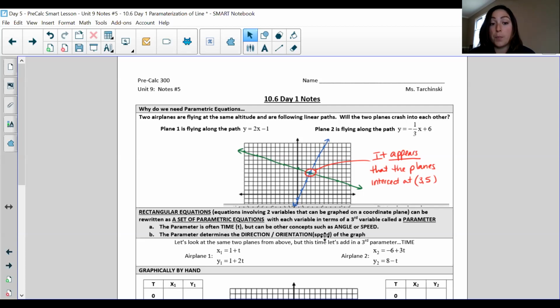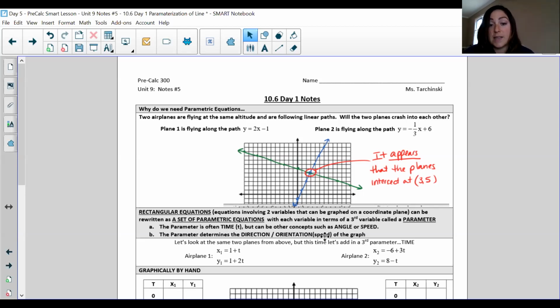The parameter is often time, but it can be other concepts such as angle or speed. And the parameter determines the direction and the orientation or speed of the graph.